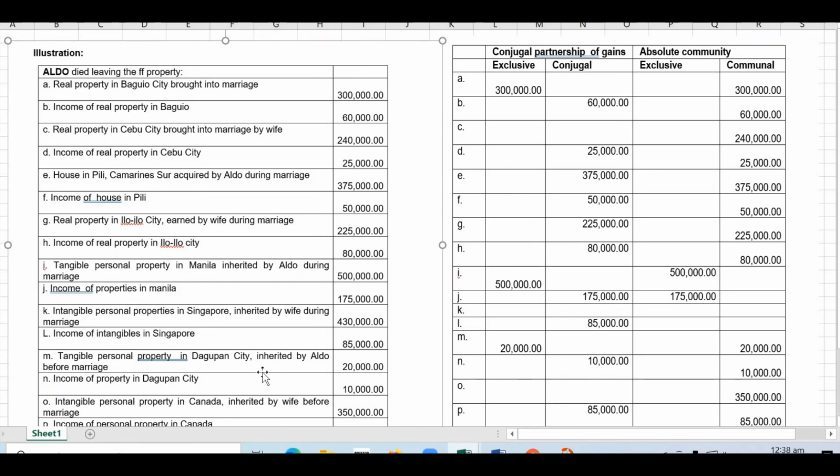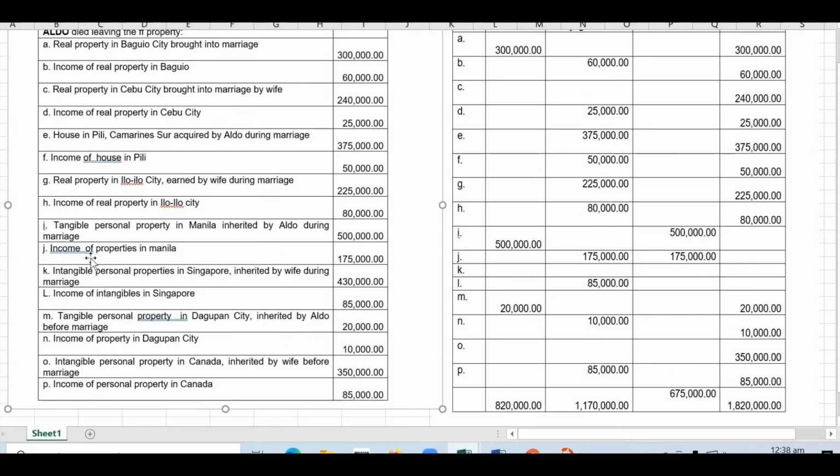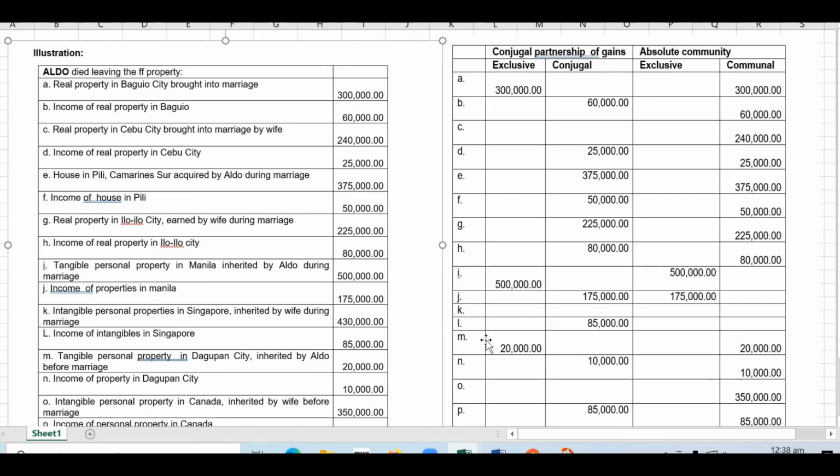Okay, let's have letter M. Letter M na tayo. Tangible personal property in Dagupan City inherited by Aldo before marriage. So, na-inherit ni Aldo before marriage.